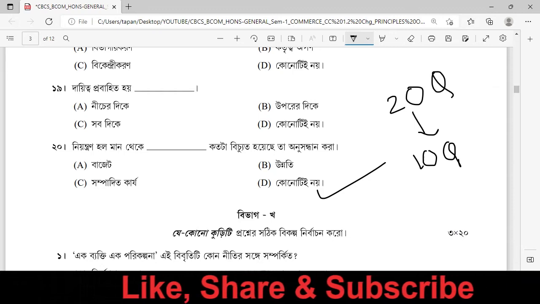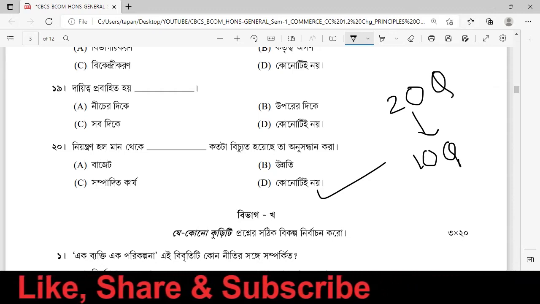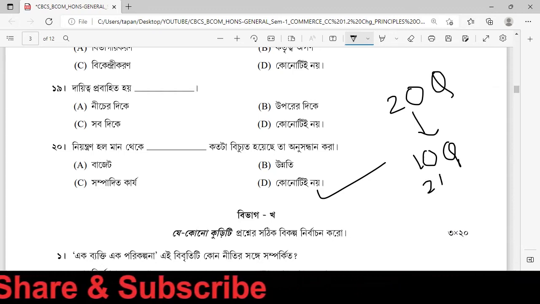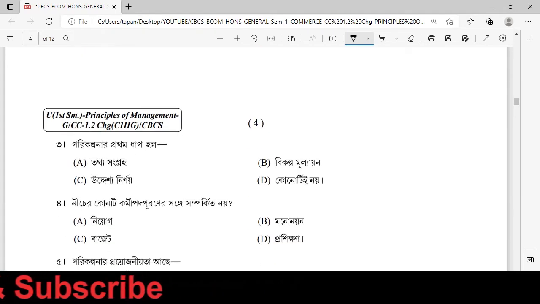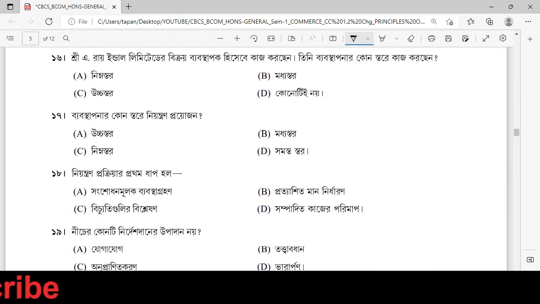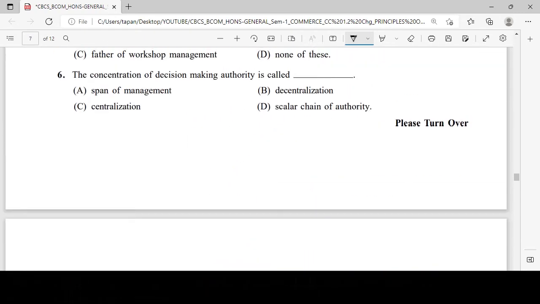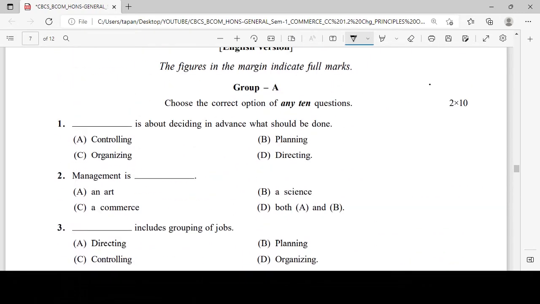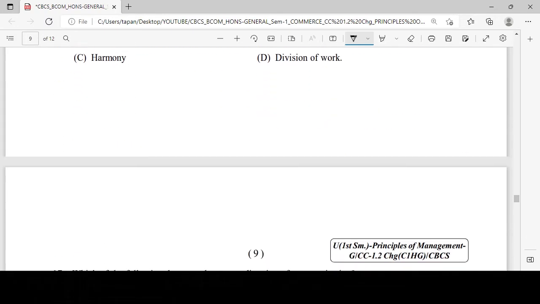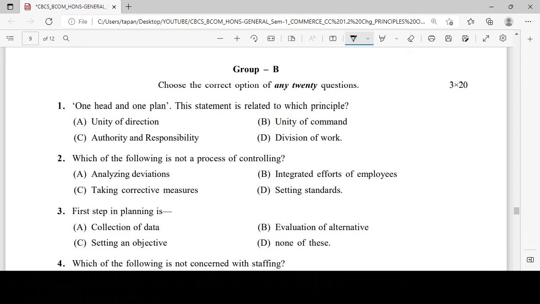Each question bears only 2 marks. But in group B, there are 25 questions and you have to answer only 15 questions.